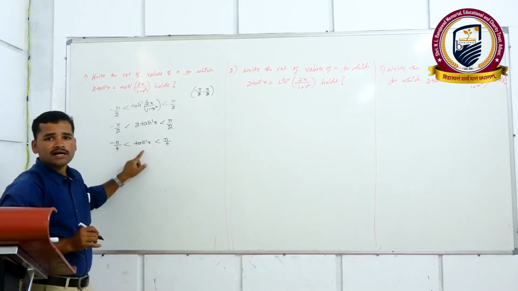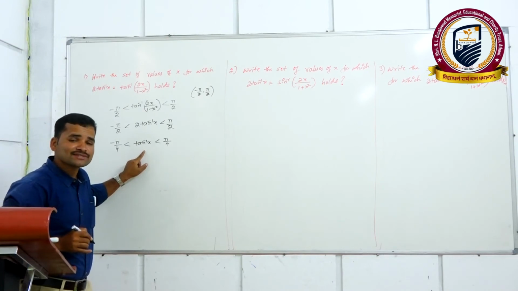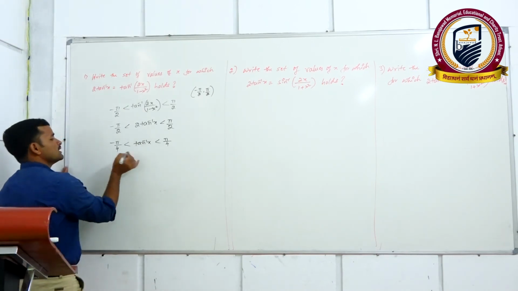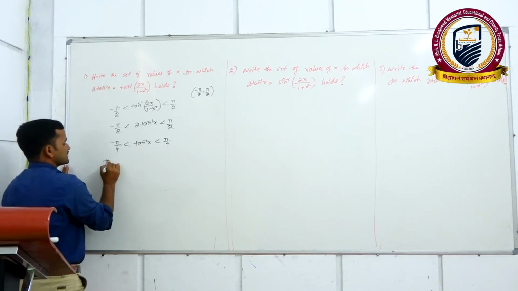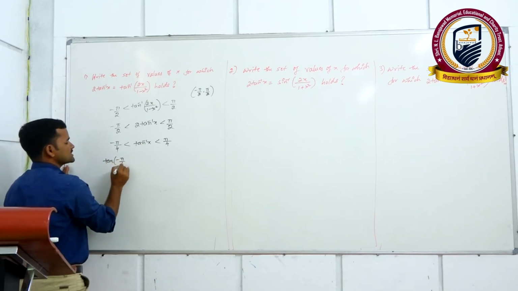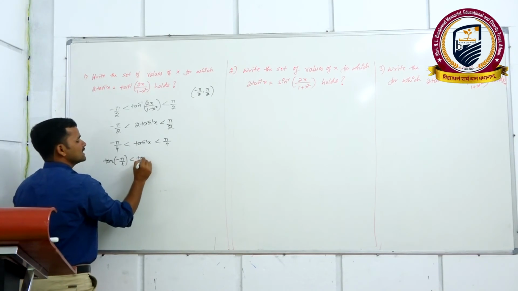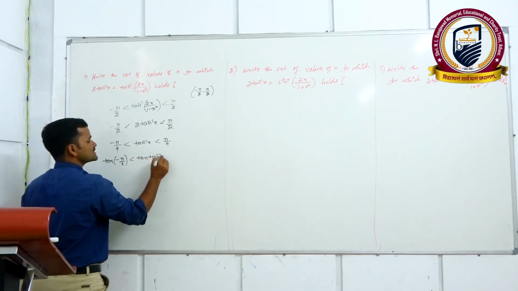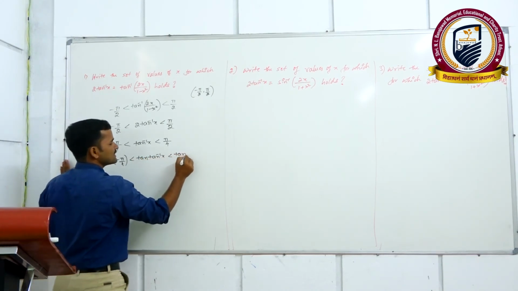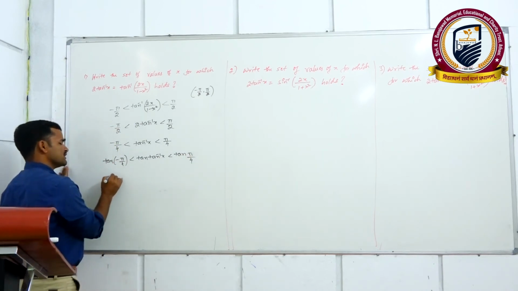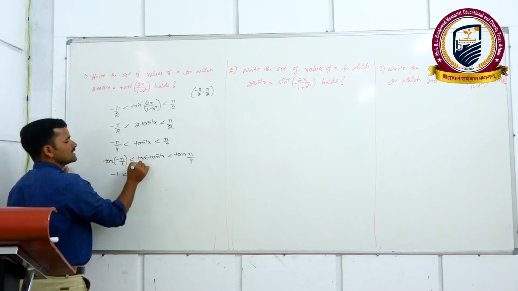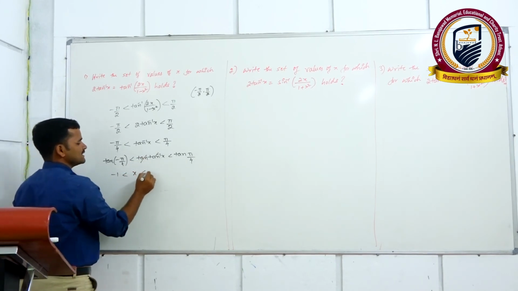Next, what I want? I want x here. What is the set of values of x? So throughout the inequality you take tan. This is tan of minus pi by 4 less than tan of tan inverse of x less than tan of pi by 4. Tan of minus pi by 4 is nothing but minus 1, less than, tan inverse gets cancelled, x less than 1.